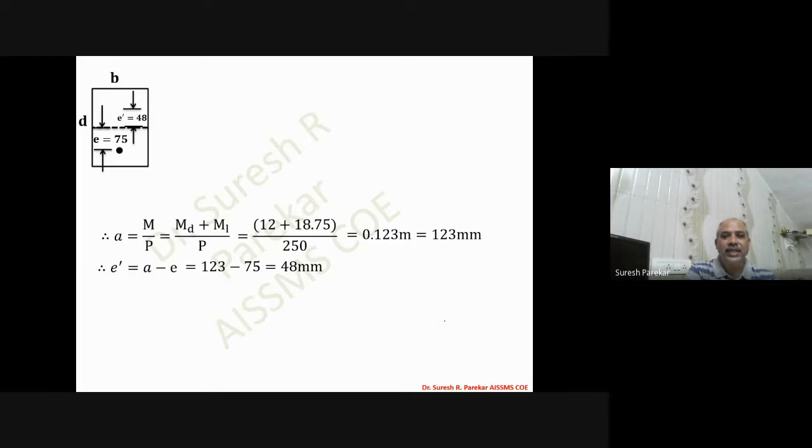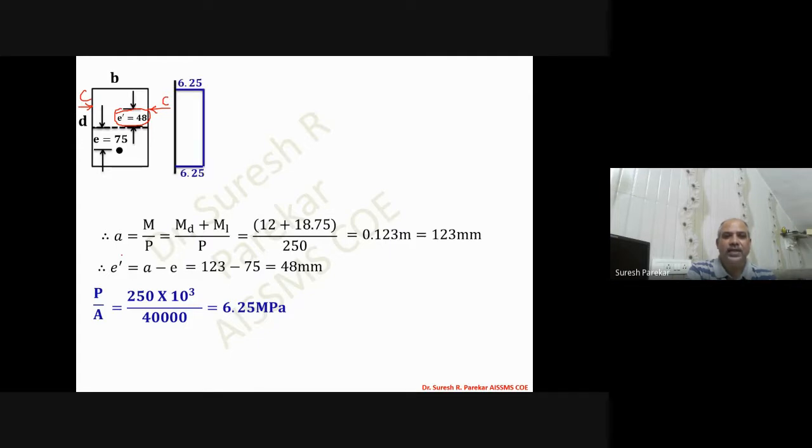Now you can see we have mentioned that E dash is 48 millimeters. So now we have C over here or P over here. So we have compression top, tension bottom, and then we have P by A. P is 250 into 10 raised to 3, over 400 into 100, that is 40,000, giving 6.25 MPa.